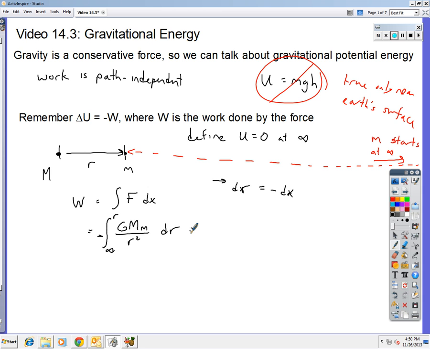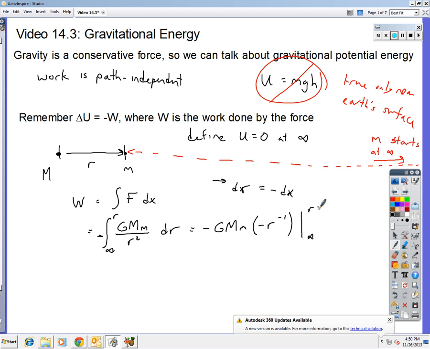And so what we've got is a negative sign first, and then the constants G big M and little m. And then last of all, we have the integral of r to the minus 2, which becomes negative r to the minus 1 power, evaluated from infinity to r.